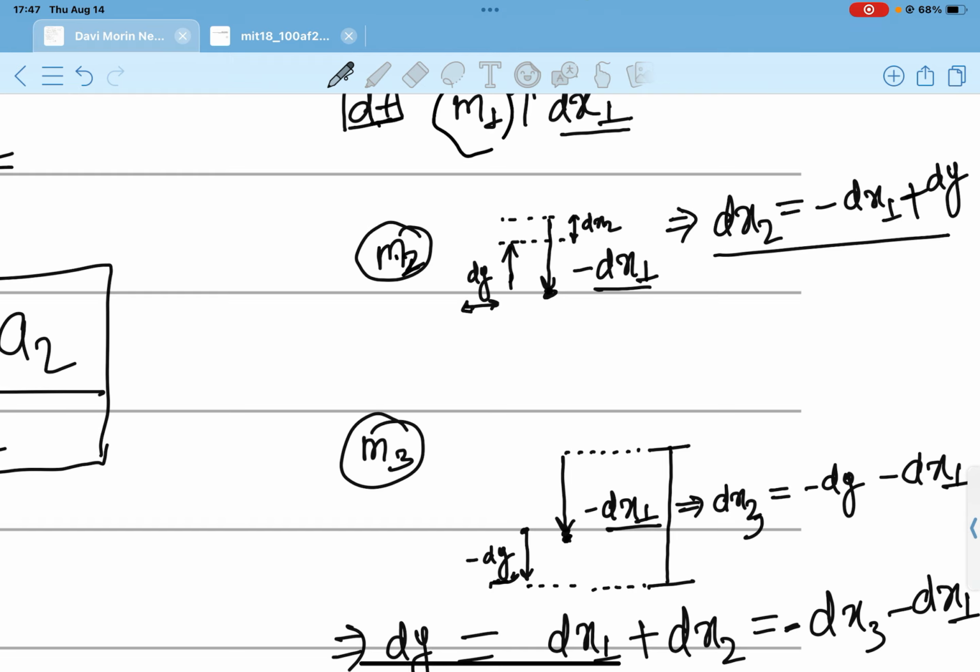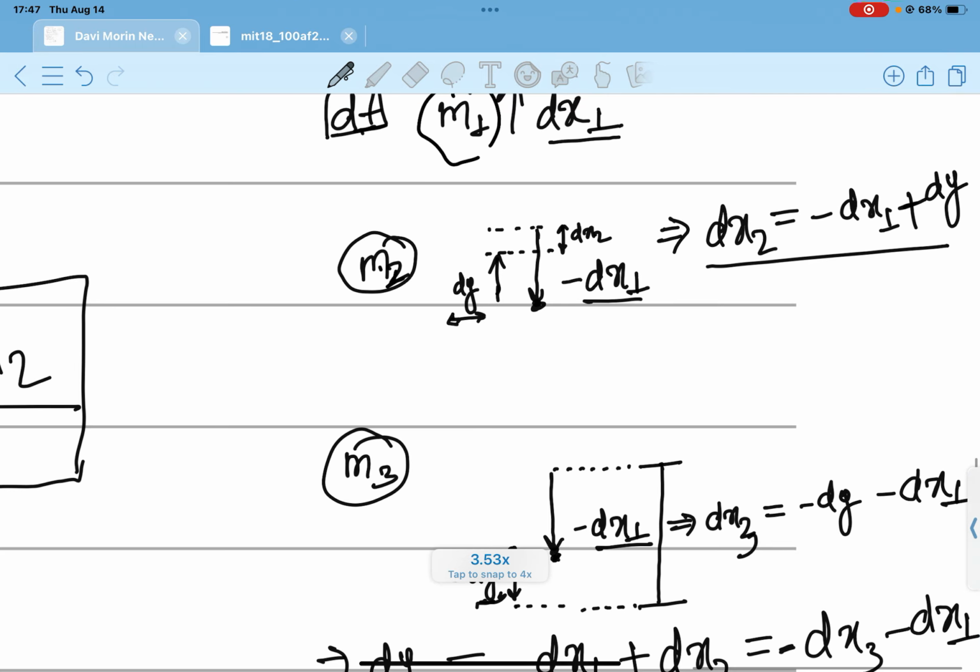So to show the relation between the accelerations of m1, m2, m3 masses, let's see the net movement, just the sum of the downward movement and upward movement.